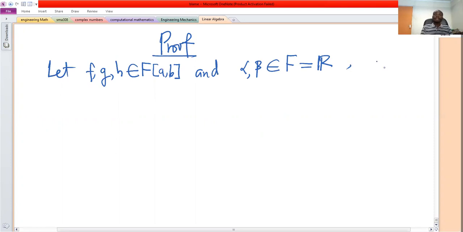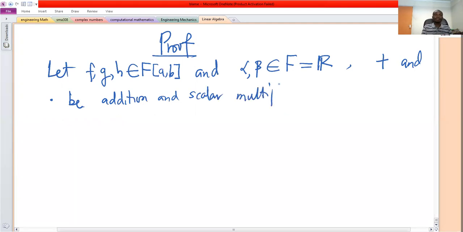Then plus and this multiplication is addition and scalar multiplication respectively on this set.